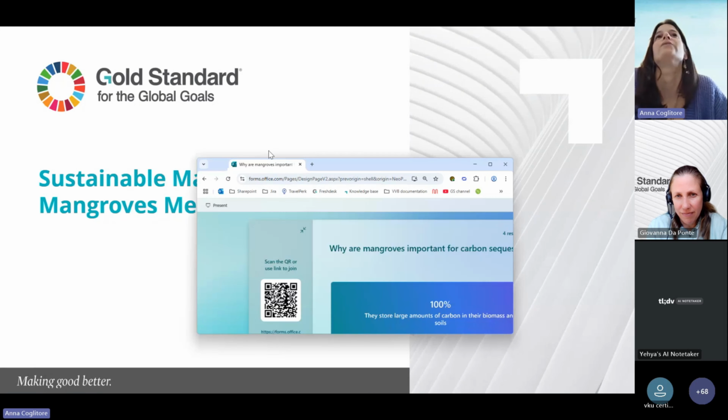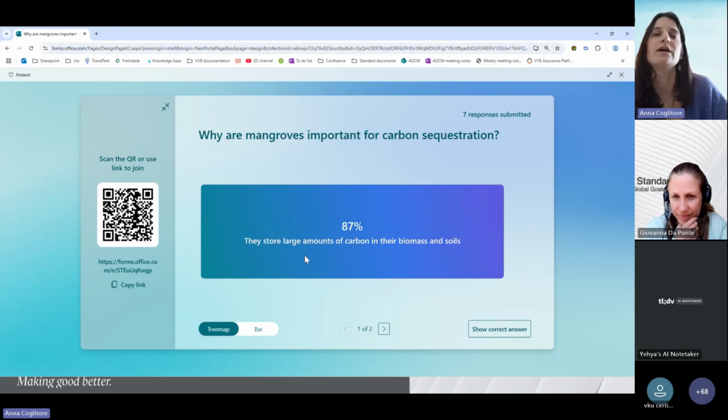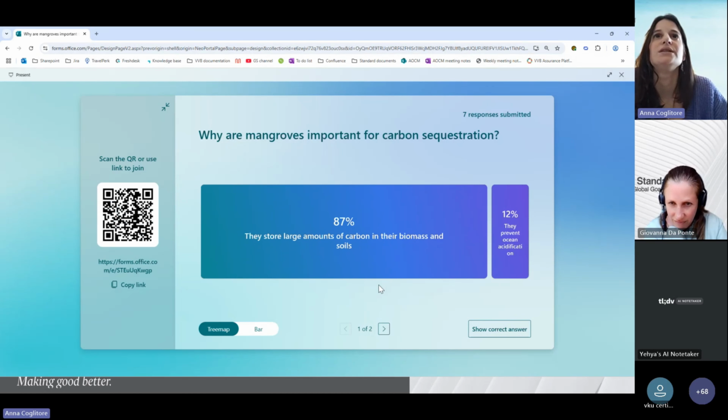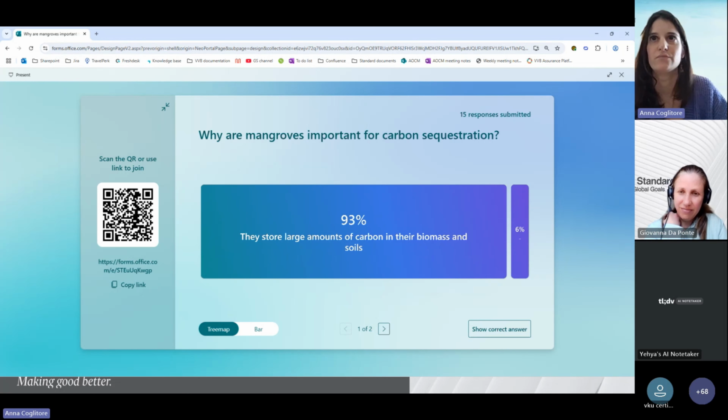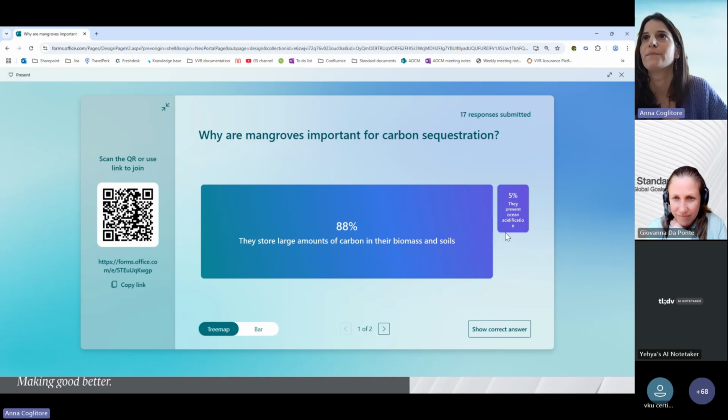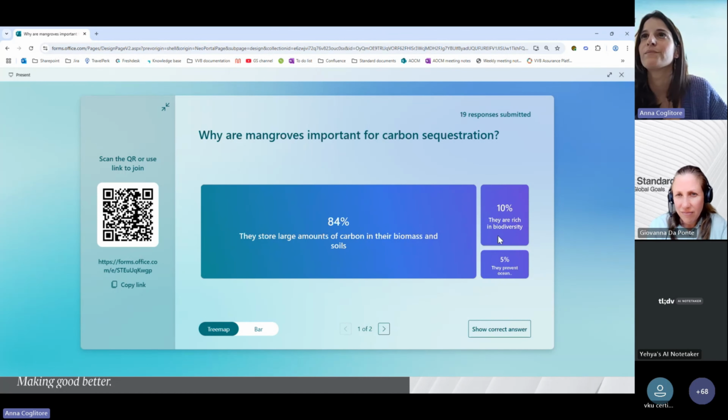And I see answers coming in, so let's look together. Yeah, so we have a high majority saying that they store large amounts of carbon in their biomass and soil, prevent ocean acidification, rich in biodiversity.